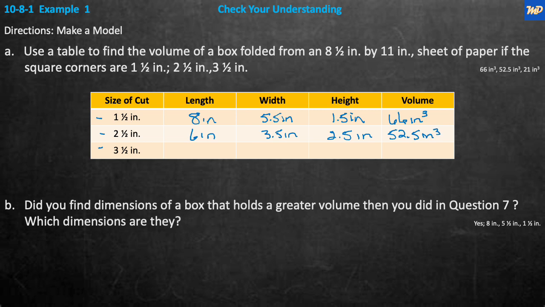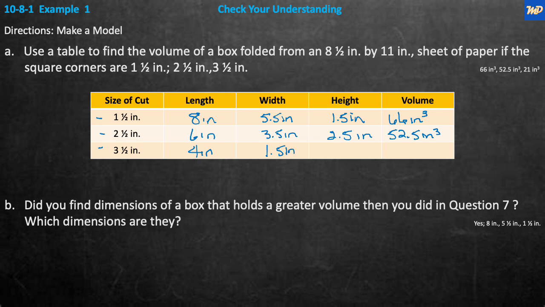So you see they're going down. Already we see that the first box with the 1.5 inch cuts has a greater volume than the 2.5 inch cuts. And we don't even have to do the third one, but we will. That's 7 inches. So 11 minus 7 is 4 inches. And the width is 8.5 minus 7? 8.5 minus 7 is going to give us 1.5 inches.